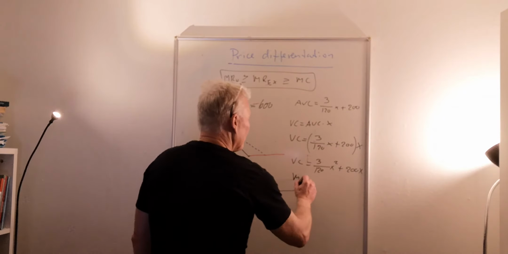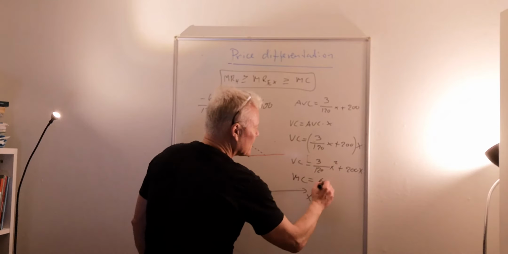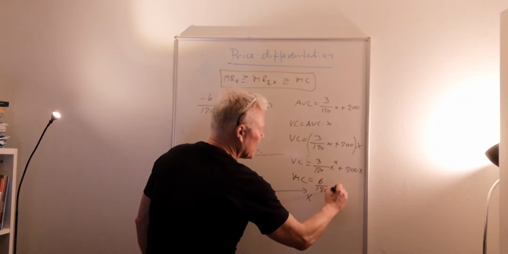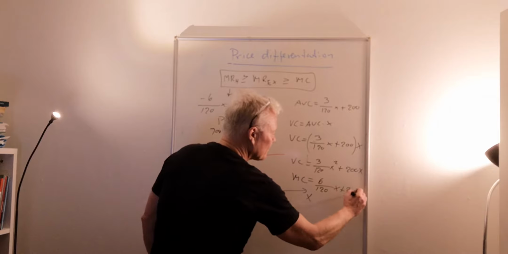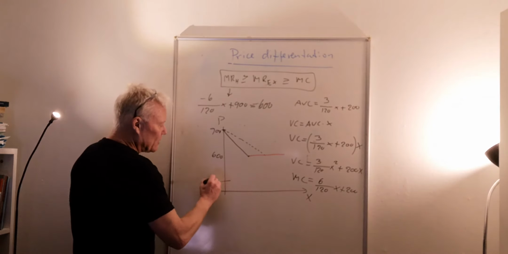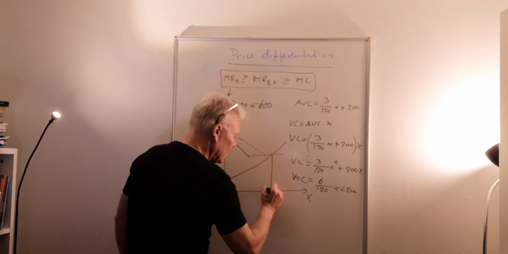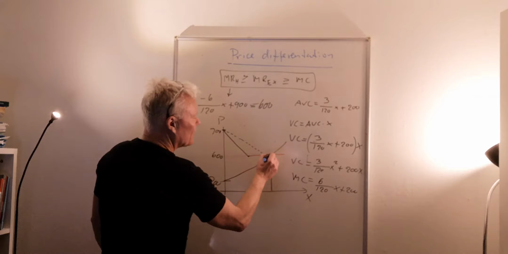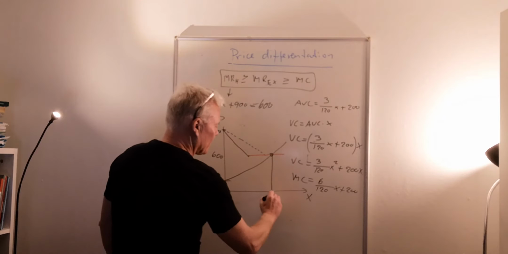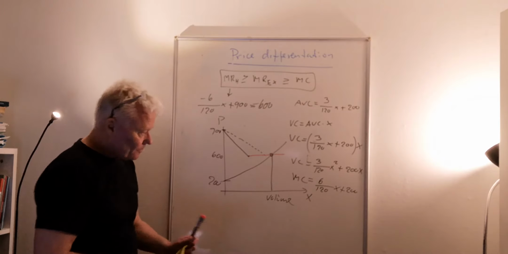So my marginal cost will be 6 over 120x plus 200. So I'll start at 200 and be able to see where those two intersect, and I'll have the volume.